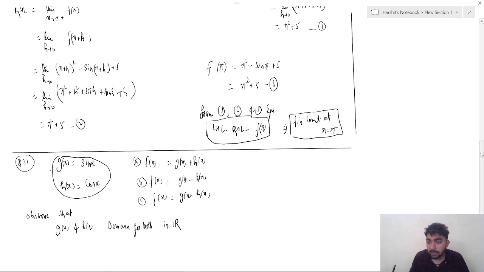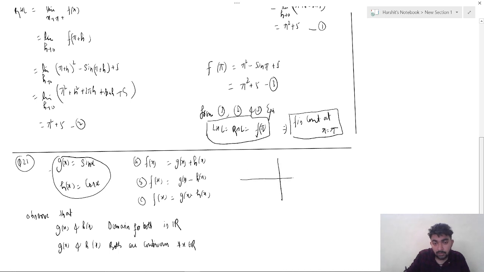So on complete R, g of x and h of x both are continuous for all x belongs to R. How?